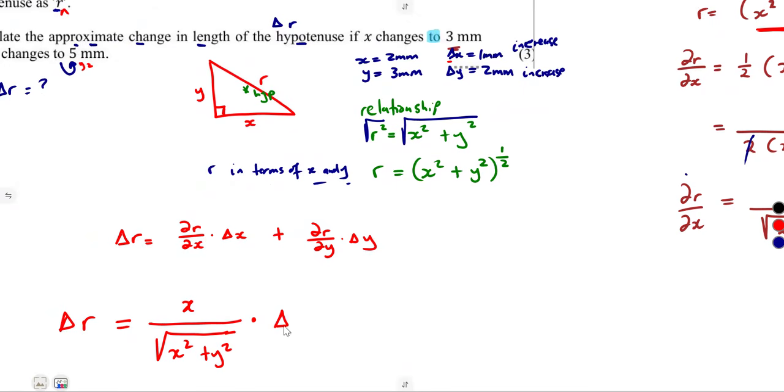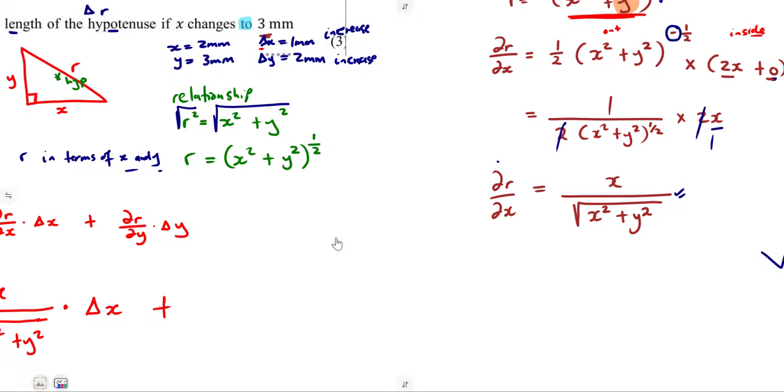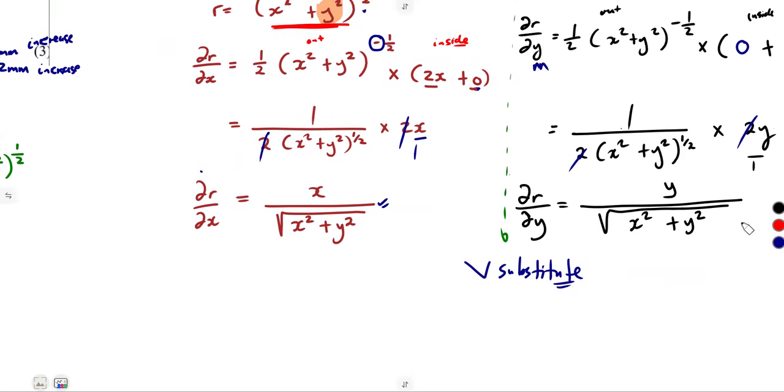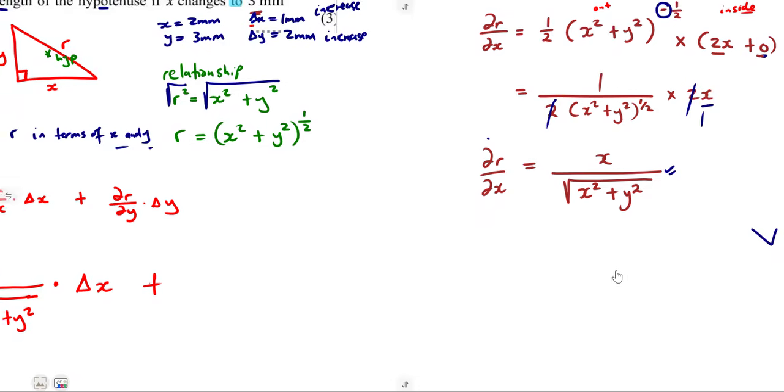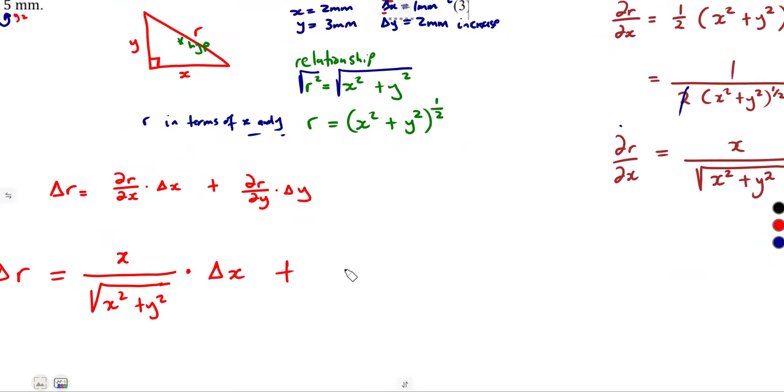Okay, so for the meantime, let us just write as it is, plus we're going to need the partial derivative of r with respect to y, which is this one. We have got the solution, that is substitute there. So that was going to give us what? Y over what? The square root of x squared plus y squared times this part of the change in y, which is the increase as we calculated before.